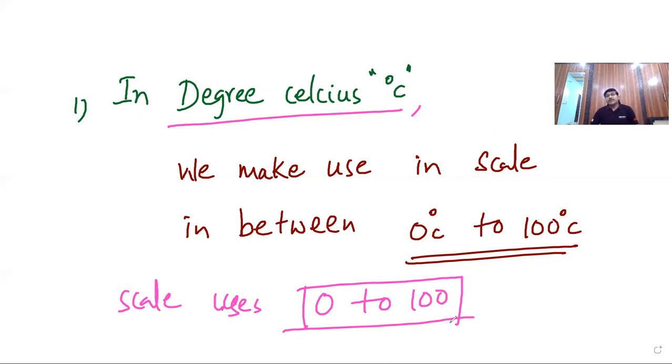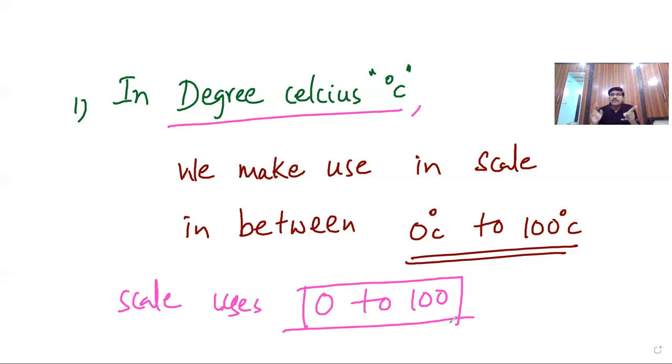What is 0 degree Celsius? 0 degree Celsius is the freezing point for water. And 100 degrees Celsius is the boiling point for water. The temperature at which water boils is 100 degrees Celsius. And the temperature at which water freezes, the freezing point, is 0 degrees Celsius.